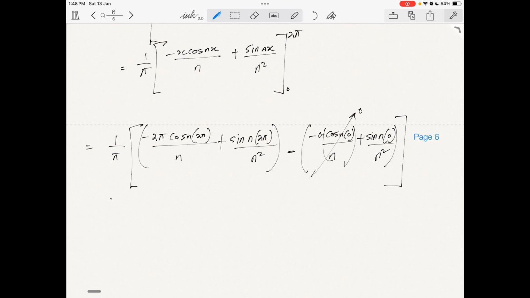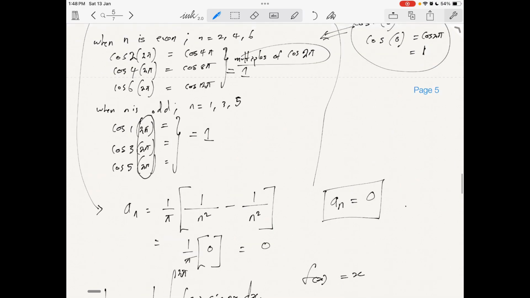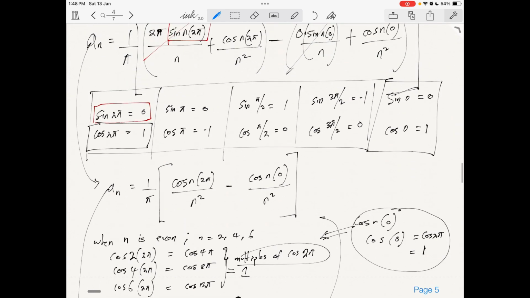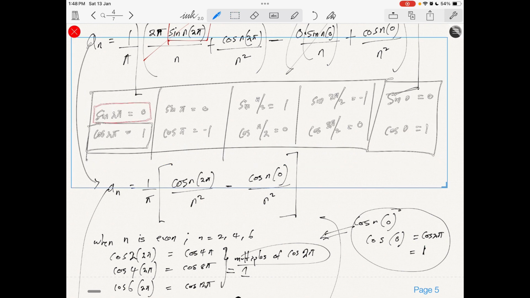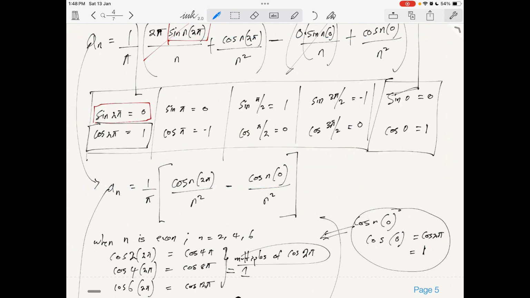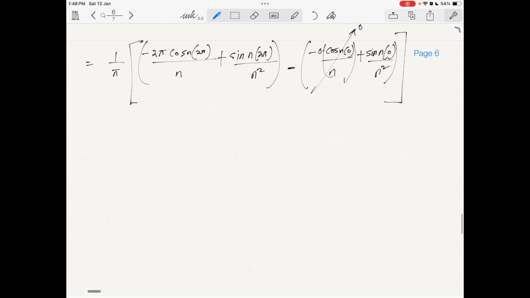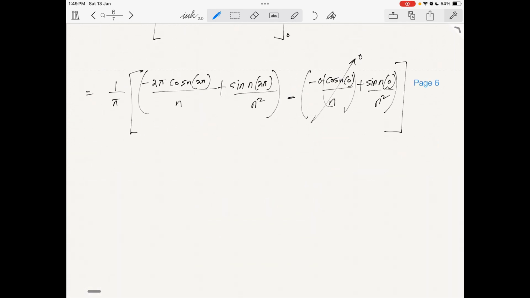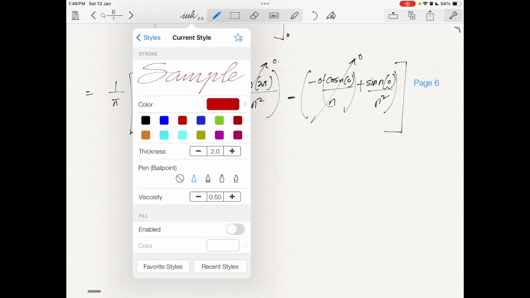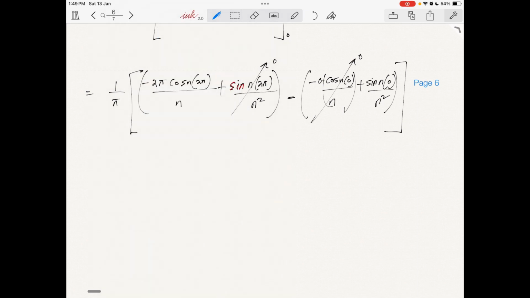And we recall what we have before, that sine 2 pi is equals to 0, cos 2 pi is equals to 1, sine pi is 0, cos pi is minus 1. And when we apply even and odd to it, we come to a conclusion that this is also 0 because of sine 2 pi.